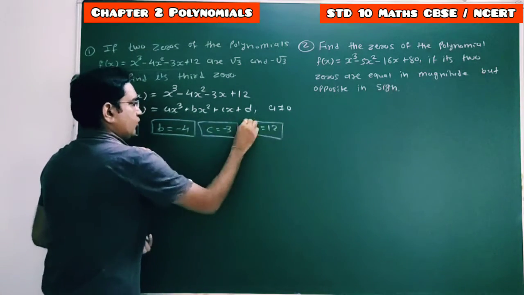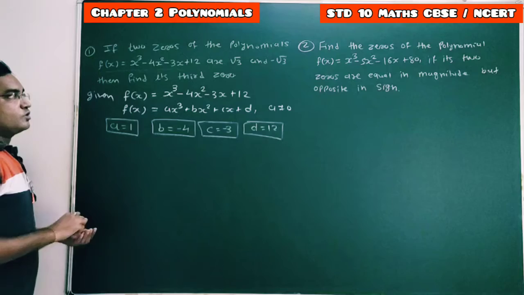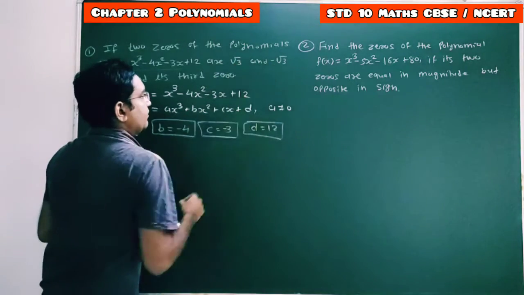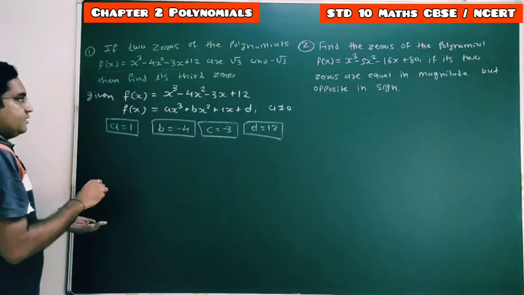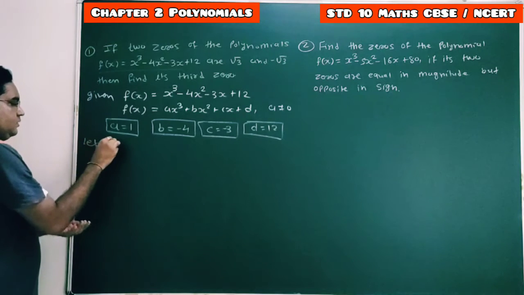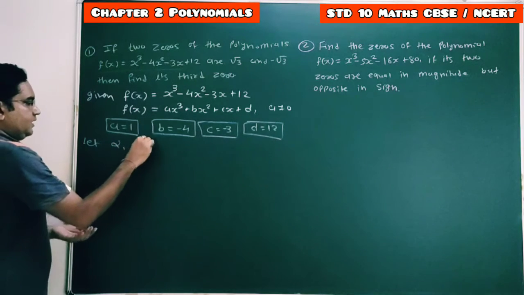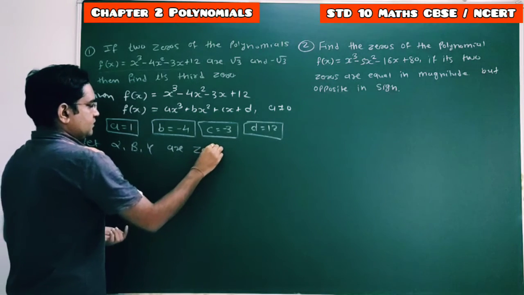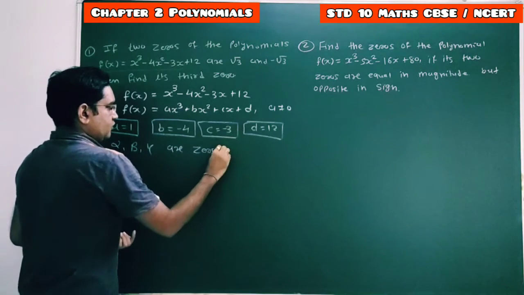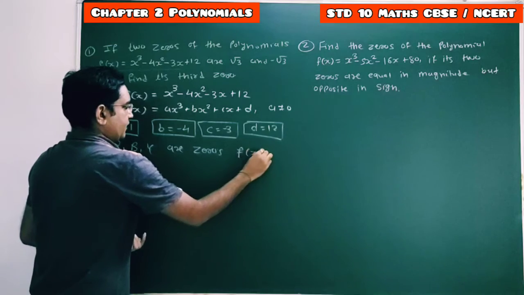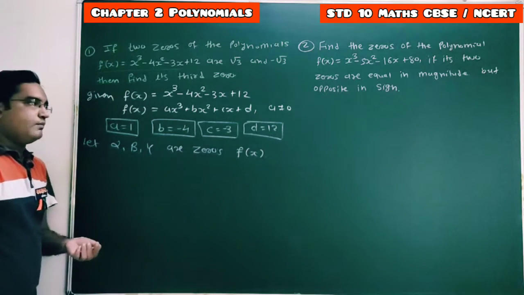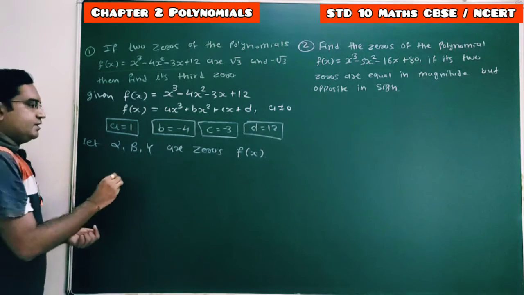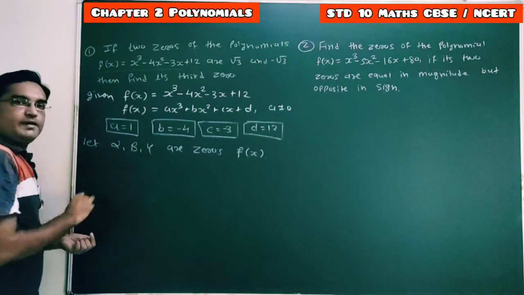Now for this cubic polynomial, we are given that two zeros are root 3 and minus root 3. So let's say alpha, beta and gamma are zeros of the cubic polynomial f of x. For any cubic polynomial a maximum of 3 zeros are there, and those 3 zeros are alpha, beta and gamma.